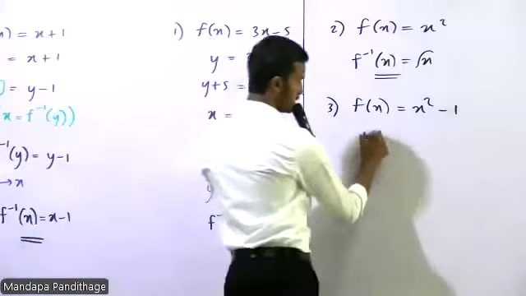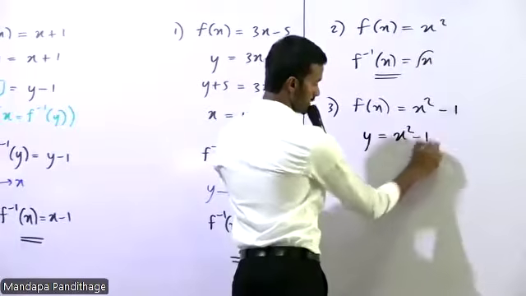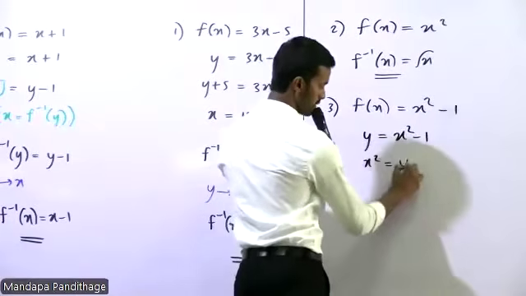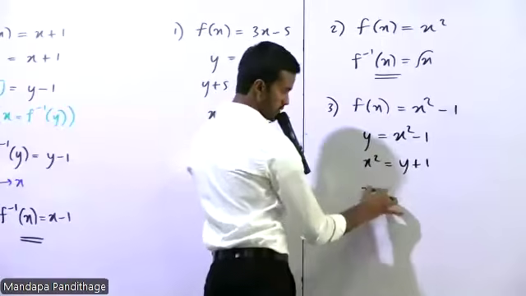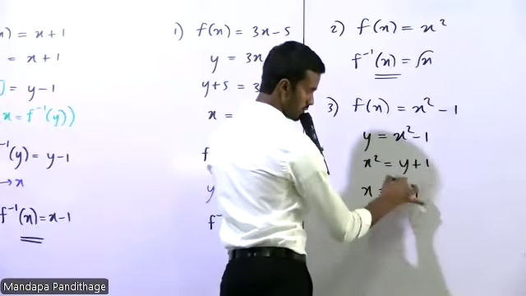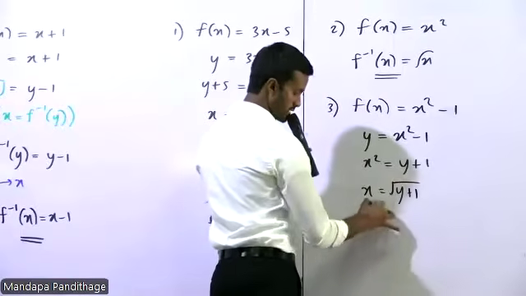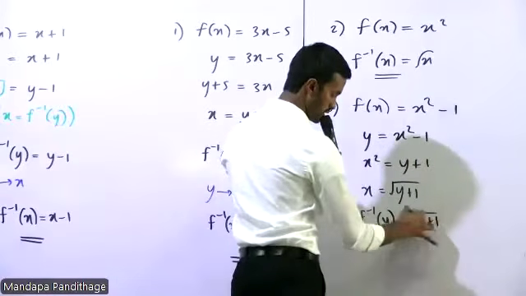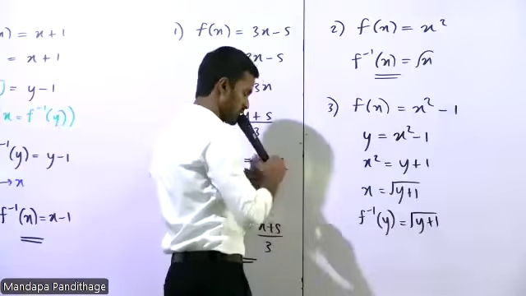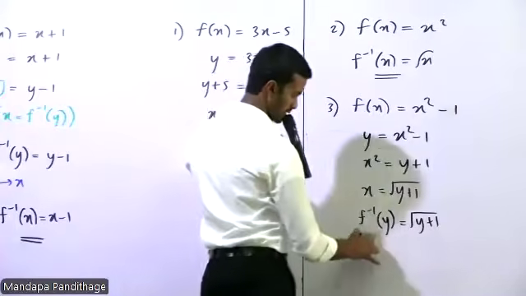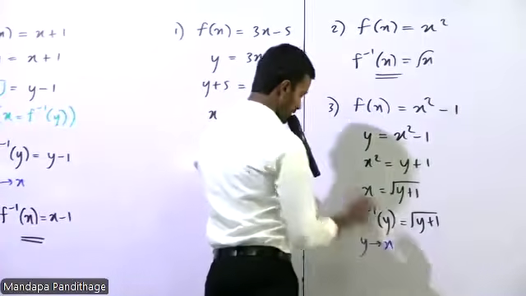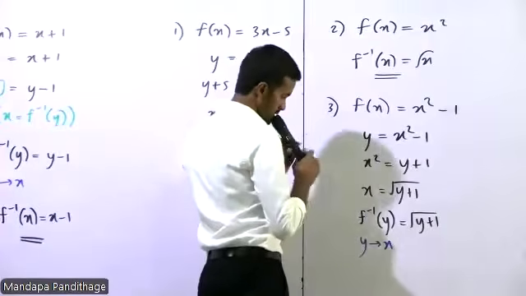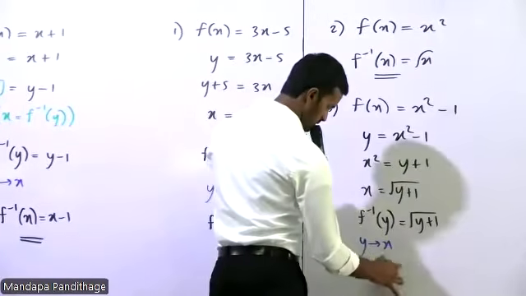So y is equal to x squared minus 1, x squared is equal to y plus 1, so x is equal to root of (y plus 1). So that is f inverse y is equal to root of (y plus 1). So change the variable: f inverse x.